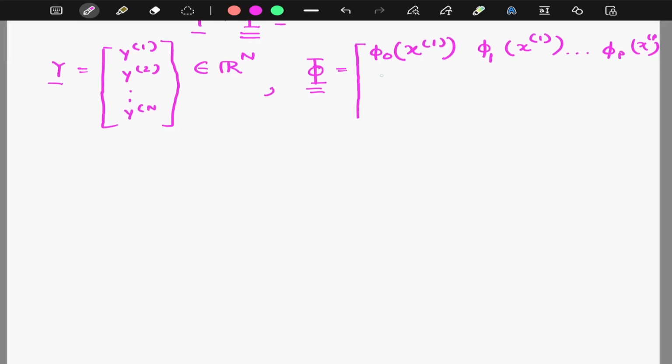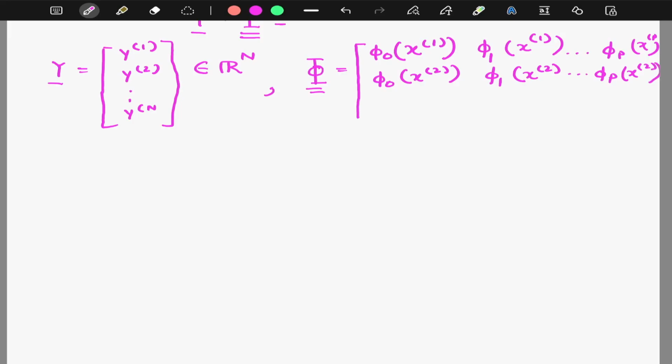The next one will be phi 0 evaluated at x 2, phi 1 evaluated at x 2, phi p evaluated at x 2, and I am not writing the others, but you know what will happen.